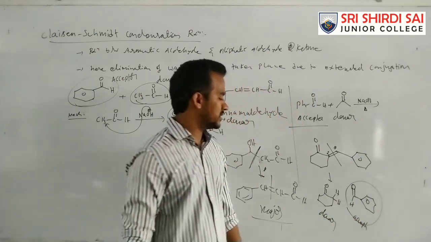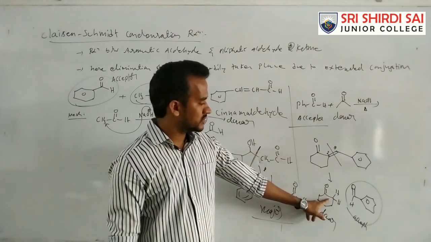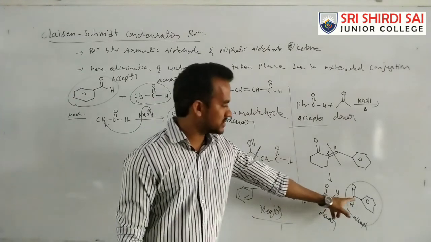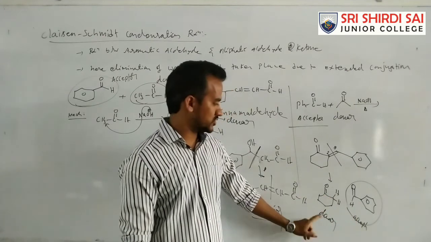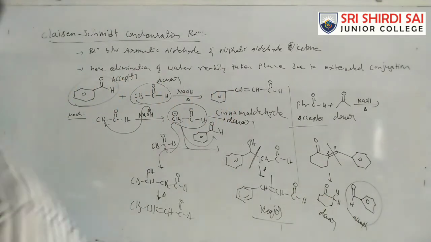Because this one has an alpha hydrogen, generates the carbanion, and attacks this one.